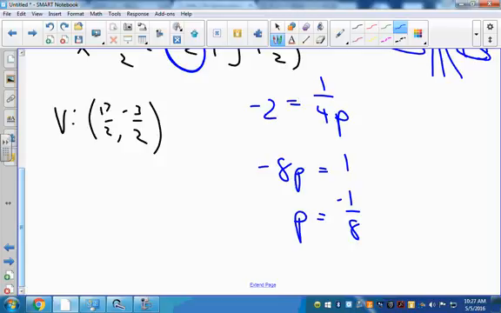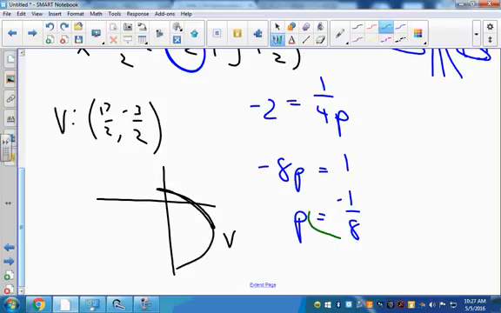So if you imagine working with this one, you find your vertex point, which is over here somewhere. We know the parabola opens to the left, and the focus is 1/8 away. So right here is going to be the focus, and your directrix would be over there.